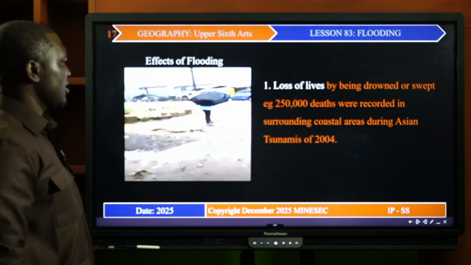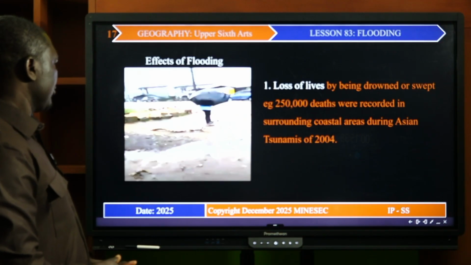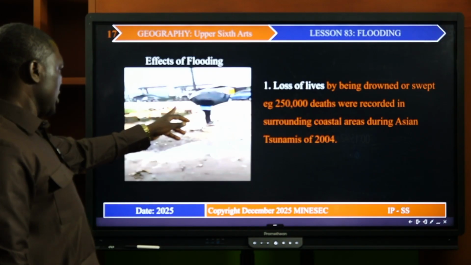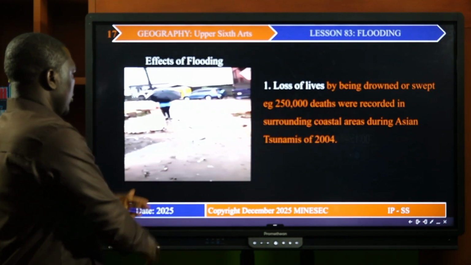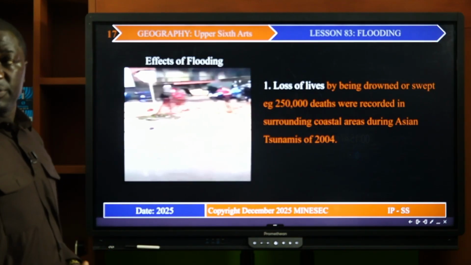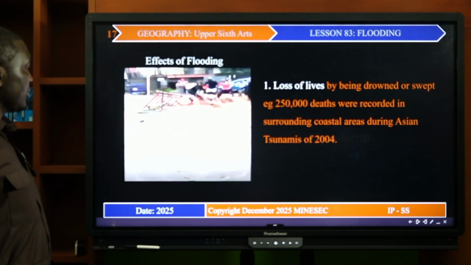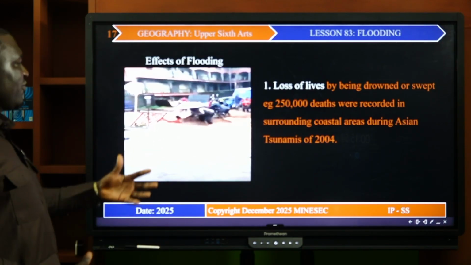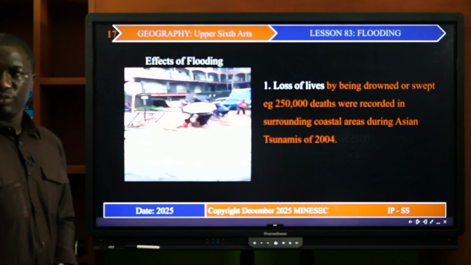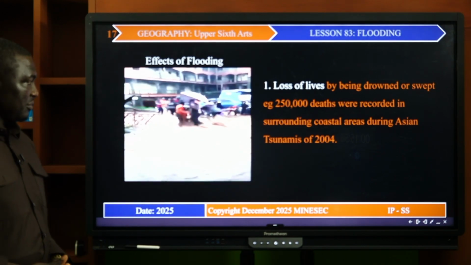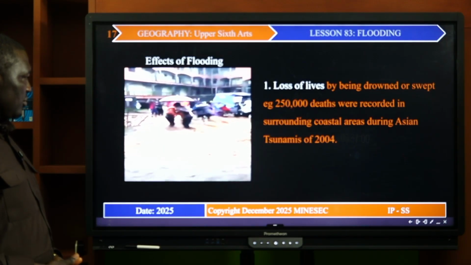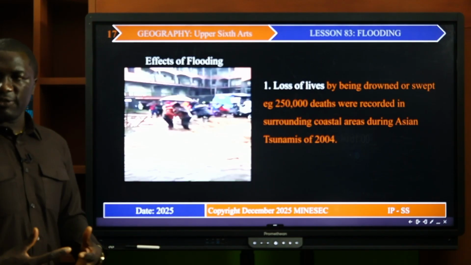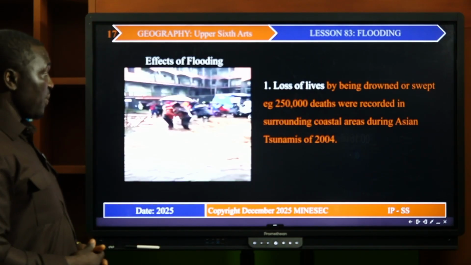The effects of flood. Look at what floods can do. This is what we go through all the time in our different communities.